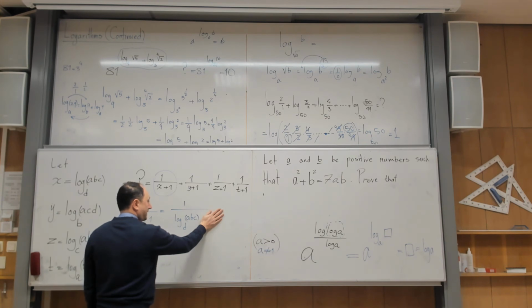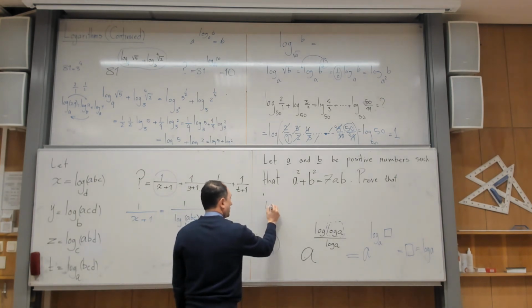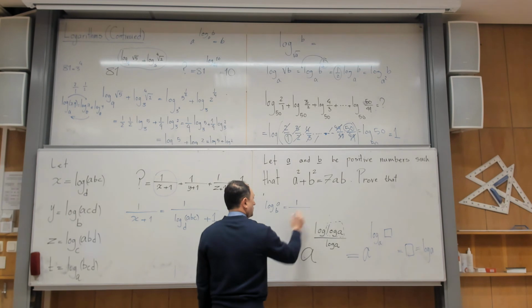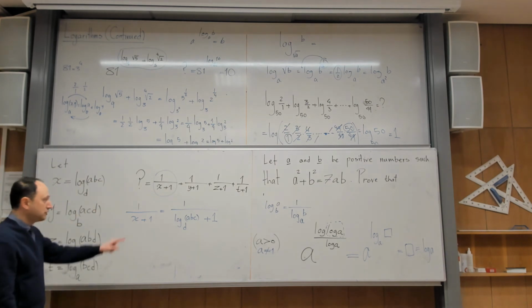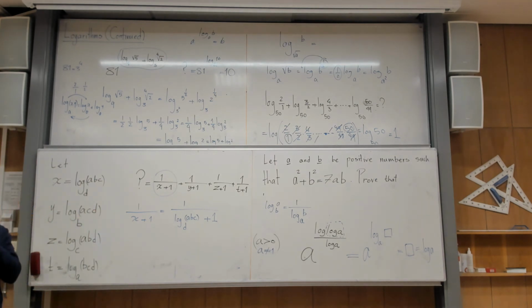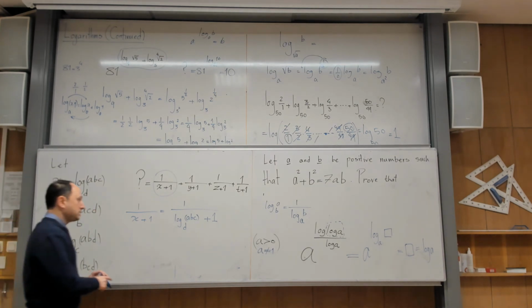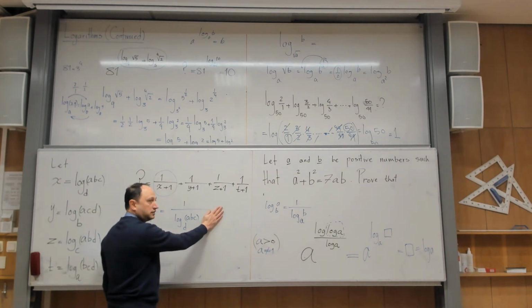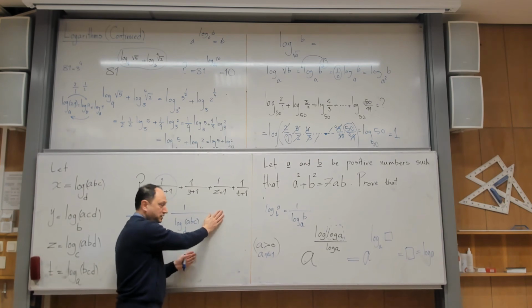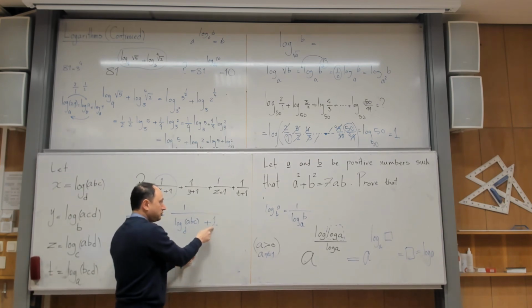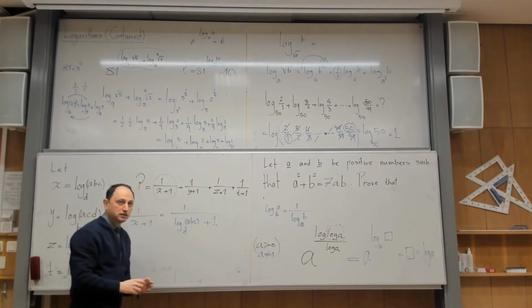Yesterday I told you log of A in base B can be written as 1 over log of B in base A. If you have forgotten that one, there is no hope that you can solve this problem. Now I would say that if 1 was not there, I could write it the other way around. At least I could do something. But now, unfortunately, this 1 prevents me from doing that.